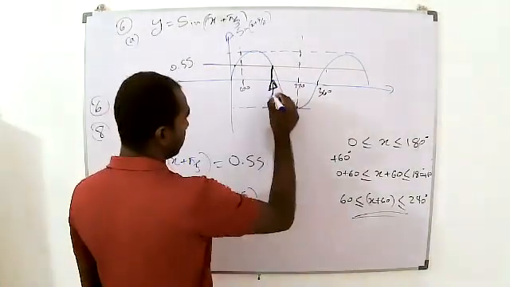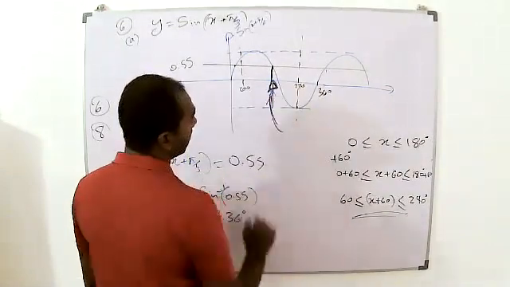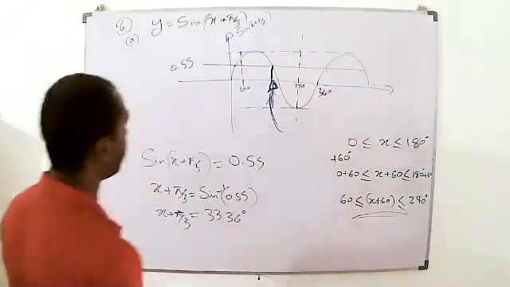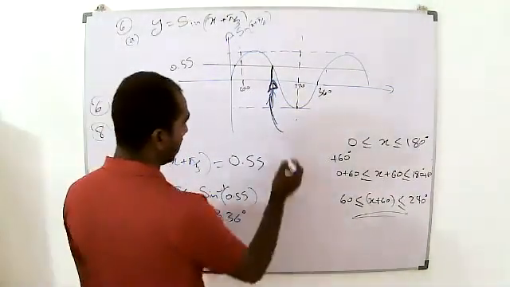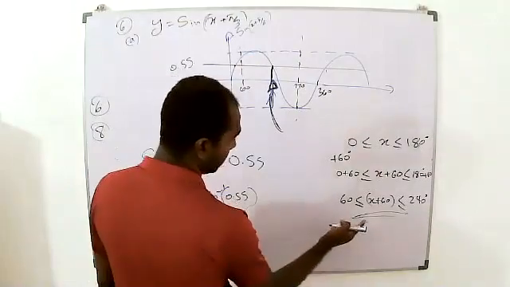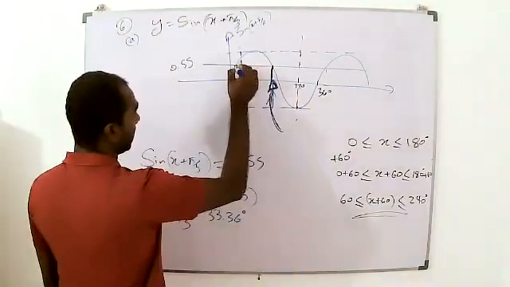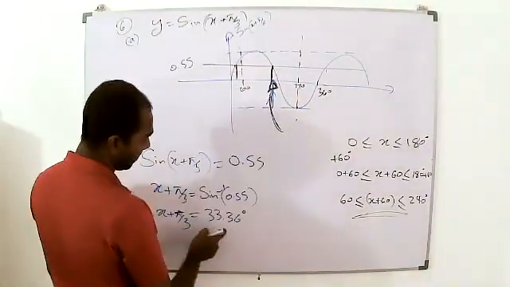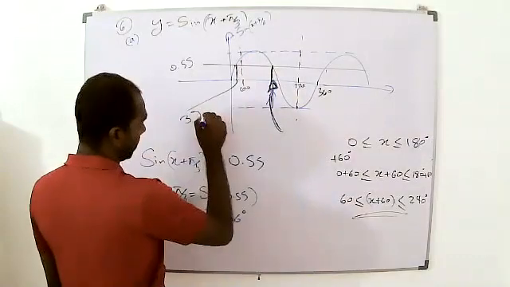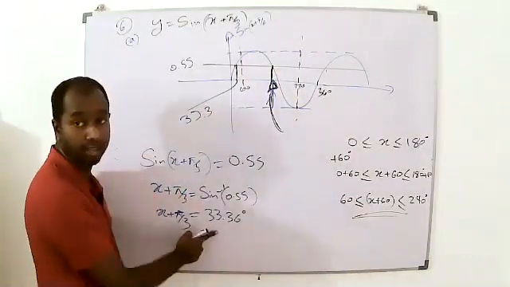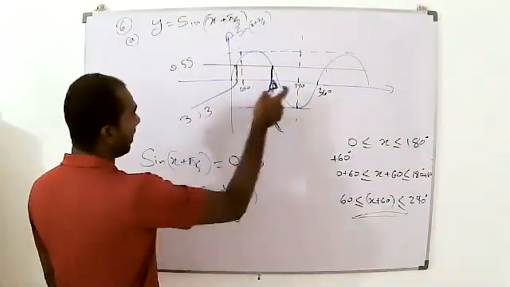So where is 0.55 going to come? It's going to come here. This gap here is from the principal range where we got 33.36. Even though we don't get this as a correct result, we can use it to find the other one.